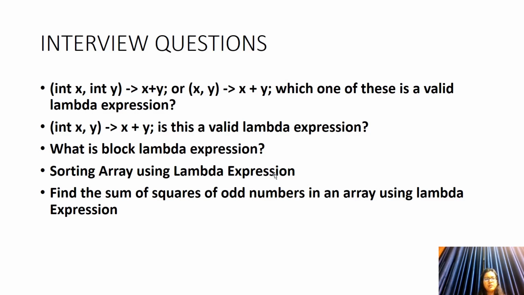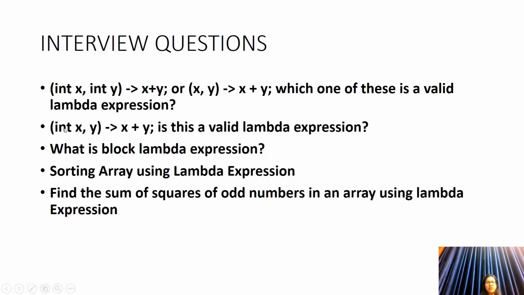My first interview question was: is this a valid expression, where we are passing int x comma int y, or passing x and y? The answer is yes, both of them are valid based on the scenario. Here we are declaring it as an int, but here we are not declaring it. It can be a string. So this expression is completely valid.